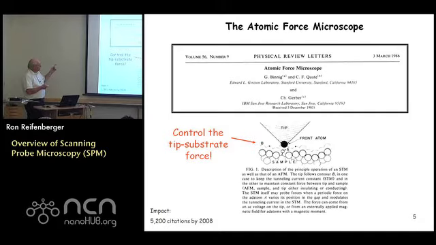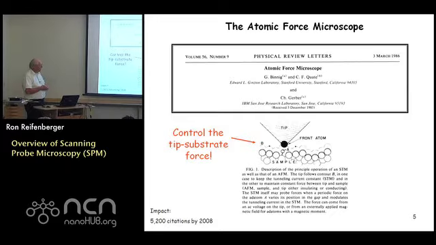And this is the picture that they had in their first paper. What they imagined was a sharp tip with an atom at the end of the tip, and that atom would interact with all the atoms in the substrate. The interaction of this atom with all the atoms in the substrate is a topic of considerable interest even today.